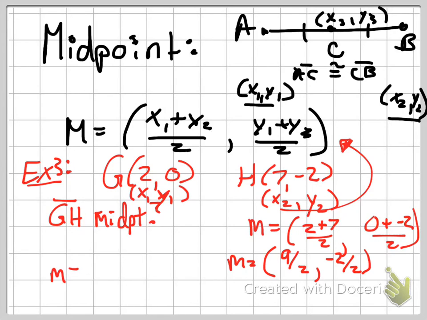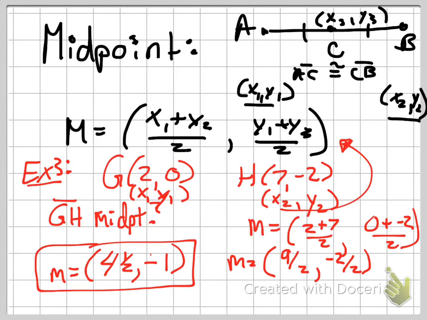So your midpoint equals 9 over 2, which is 4 and 1/2, comma, negative 2 over 2 is negative 1. So that's your midpoint on that line.